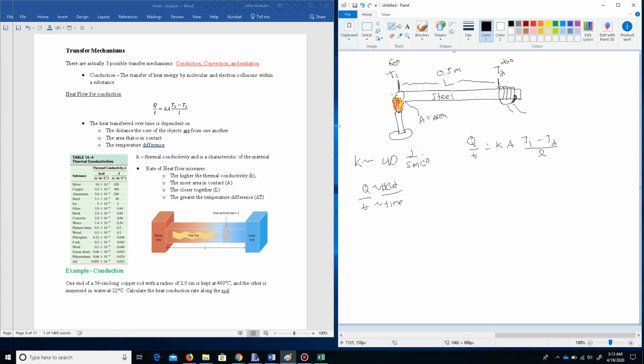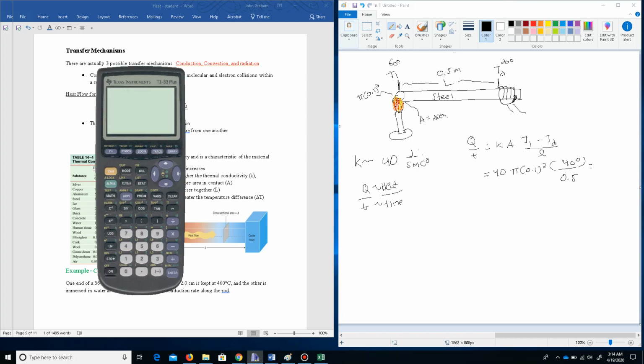And then this area is just pi times 0.1 squared, for a radius of 1 centimeter, so about 2 centimeters in diameter. Your heat flow would be 40 times pi times 0.1 squared, that's your area, times T1 minus T2, which would be 40 degrees, divided by 0.5.